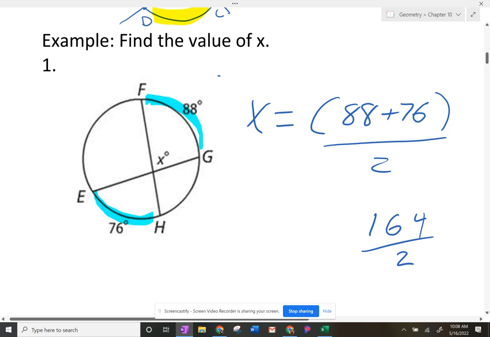So I got 164. Again, these two added together, still going to be divided by 2. And the very last part I'm going to do is take that 164 divided by 2, and I should end up with 82 as my final answer. So the value of x in this one is going to equal 82.